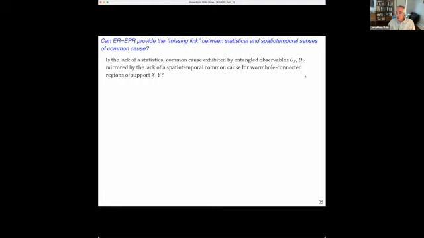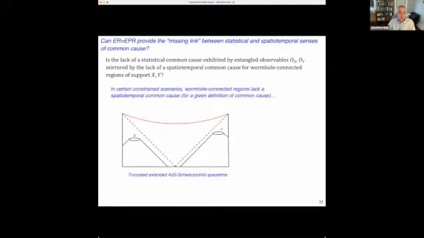And the short answer to this question is you can always contrive a situation in which the answer to the question is yes, right? So in certain constrained scenarios, wormhole connected regions can be thought of as lacking a spatiotemporal common cause for an appropriate definition of common past.